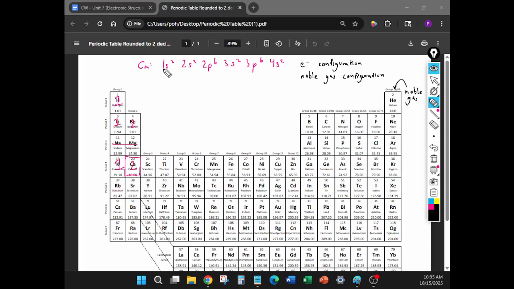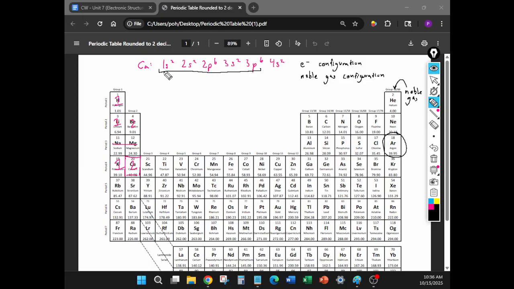And if you notice, a lot of the electron configuration, most of it is just like the same, right? The base is the same. And so what they do instead is they look at the noble gas that comes right before your element. So if you look at calcium right here, the noble gas that comes before it is argon. So argon is this entire section right here. Argon's electron configuration is all this.